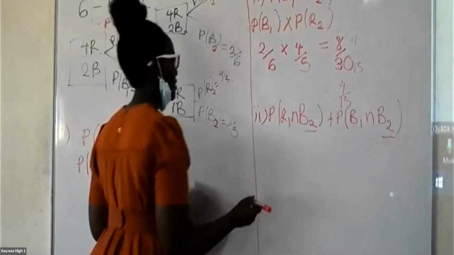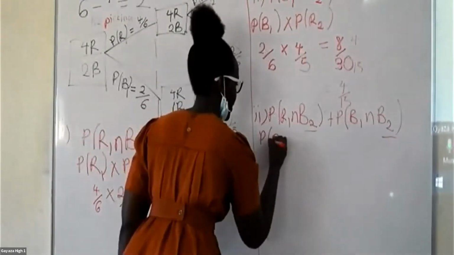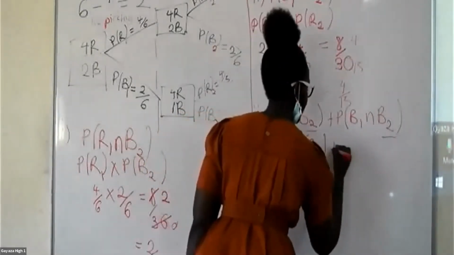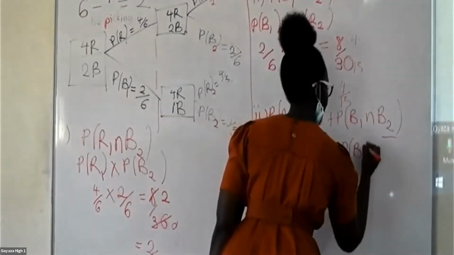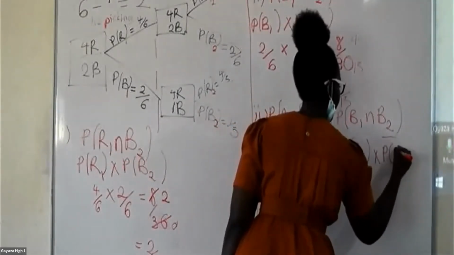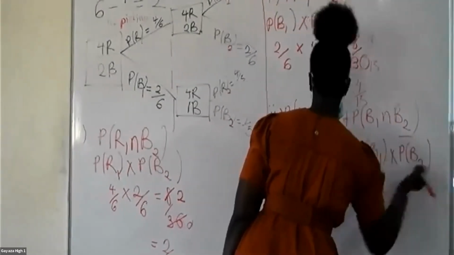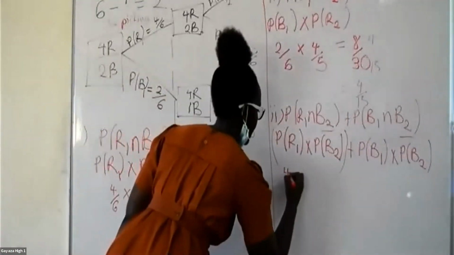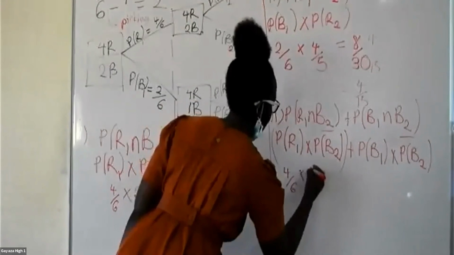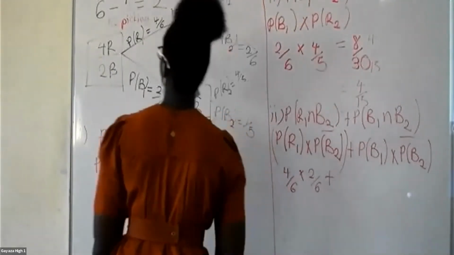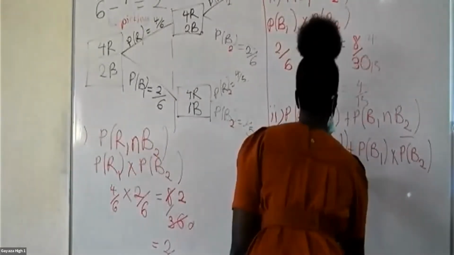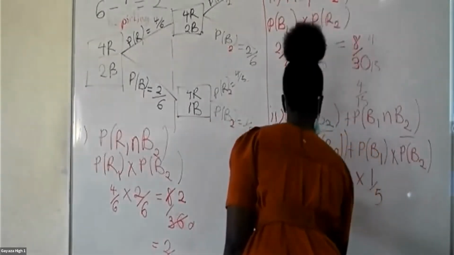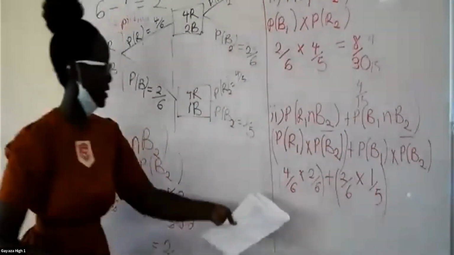So we say probability of red 1 and probability of B2, plus probability of B1 and probability of B2. Now probability of red 1 is 4 out of 6, times B2, which is 2 out of 6, plus B1, which is 2 out of 6, times B2, which is 1 out of 5. So this is how it should look.